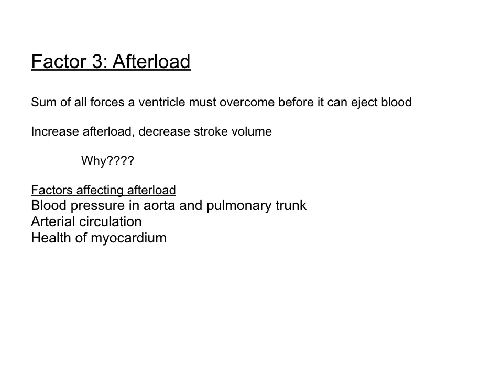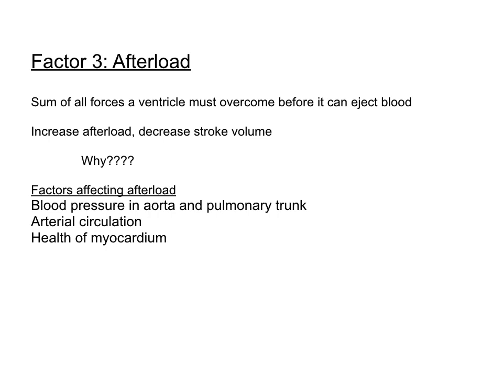The last factor affecting stroke volume is called afterload. Afterload is the sum of all the forces a ventricle must overcome before it can eject blood. Now remember from the discussion on the cardiac cycle that prior to ventricular systole, the pressure within the aorta is 80 millimeters of mercury, and the pressure within the pulmonary trunk is 10 millimeters of mercury.